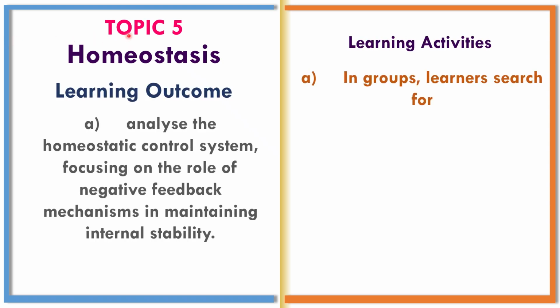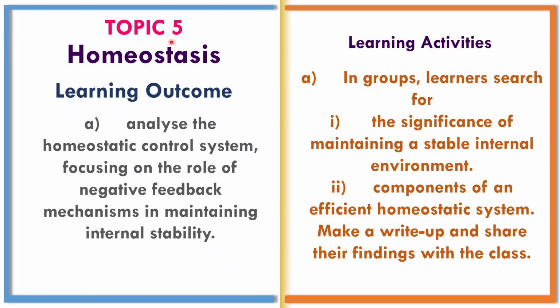Thank you for participating in topic 5, homeostasis. We have been looking at learning outcome A: Analyze the homeostatic control system, focusing on the role of negative feedback mechanism in maintaining internal stability.